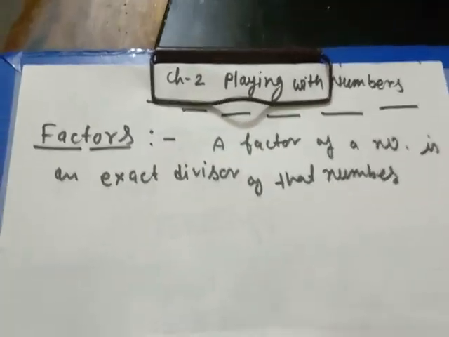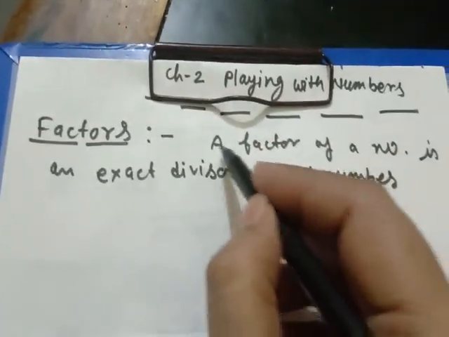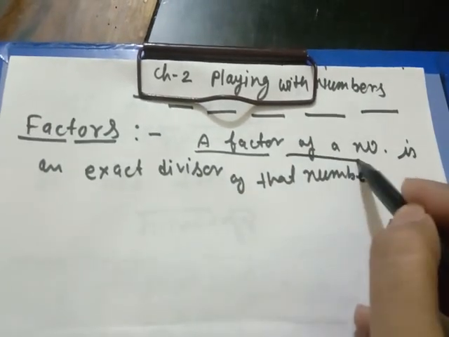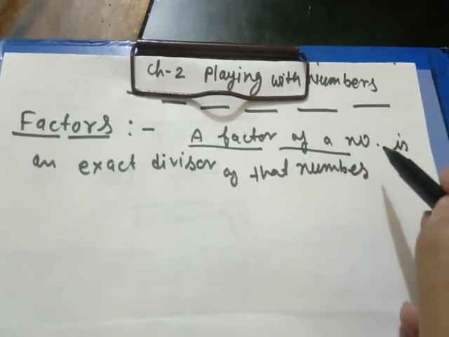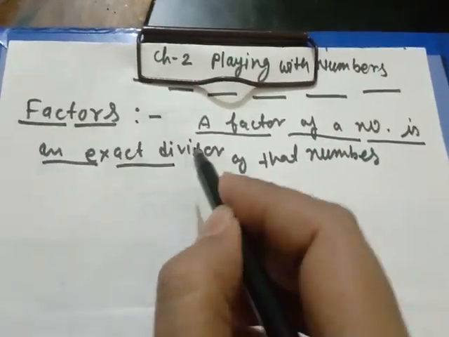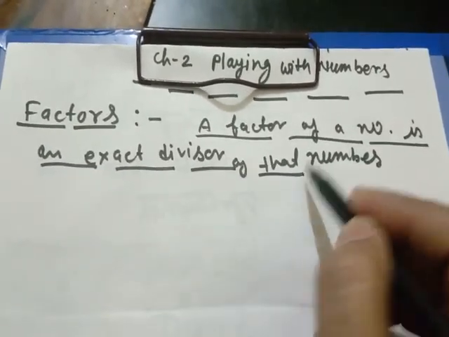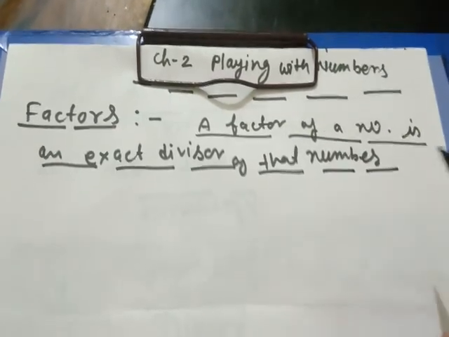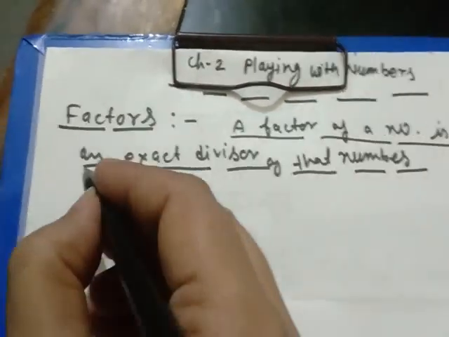Now I will repeat. What are factors? A factor of a number is an exact divisor of that number. I will take some examples.